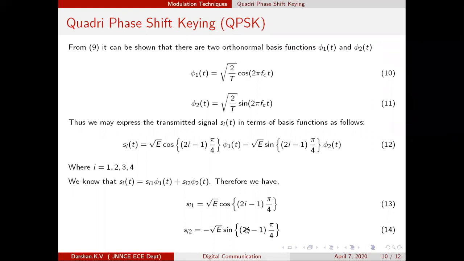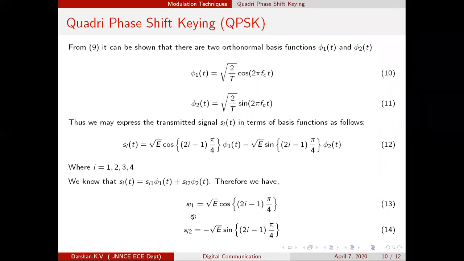Once you are done with expressing the signal in terms of basis functions, and you know the coefficients of the basis functions, then it is very easy to put the signal in the vector form or the point form.